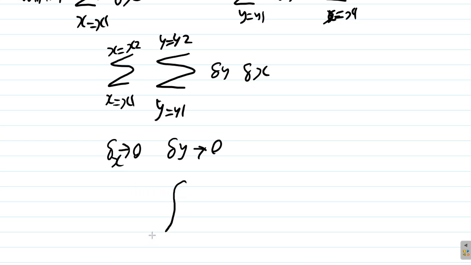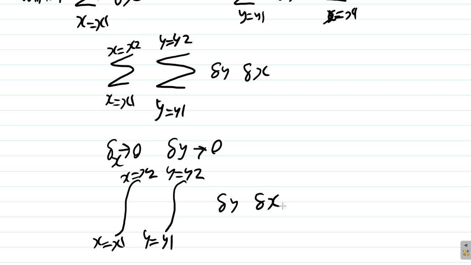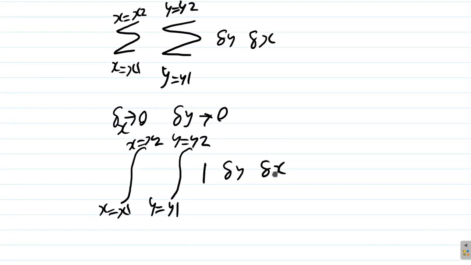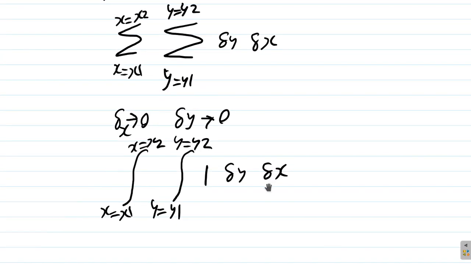So we're finding the integral from y equals y1 to y equals y2 of delta y, and the integral from x equals x1 to x equals x2 of delta x. Alright? Well, there's a 1 here. You don't see it there, but there's a 1 there. Alright, so that is that. That will give us the area of the rectangle. I'm going to look at an example using the same rectangle, using numbers, in our next video.